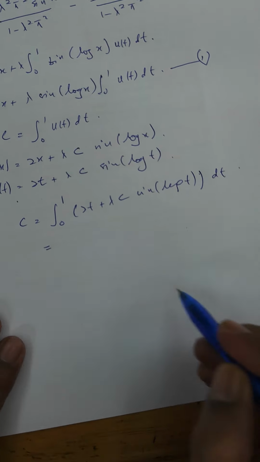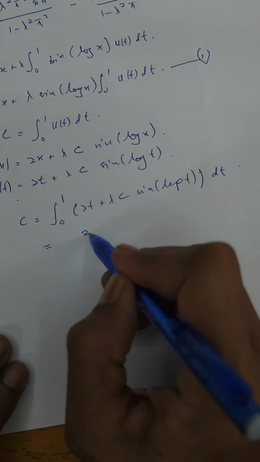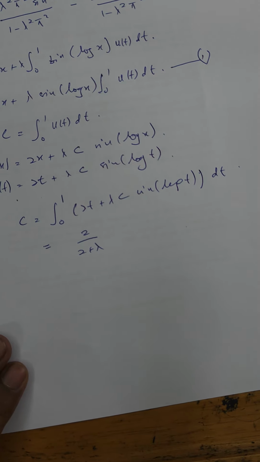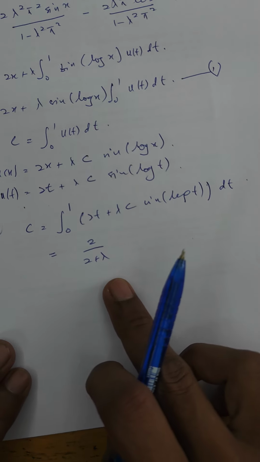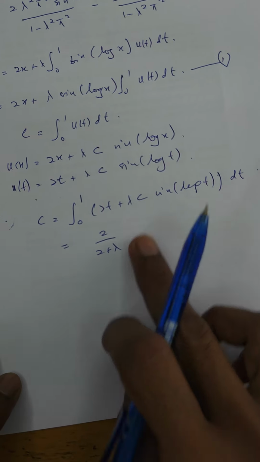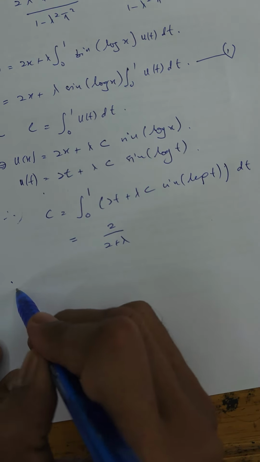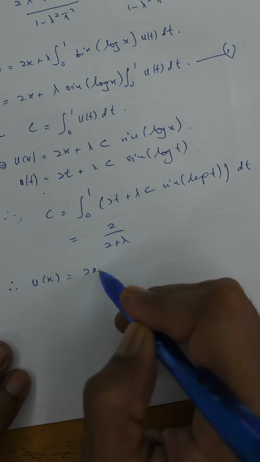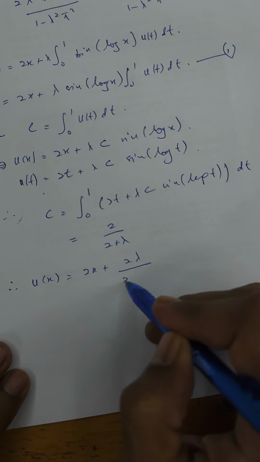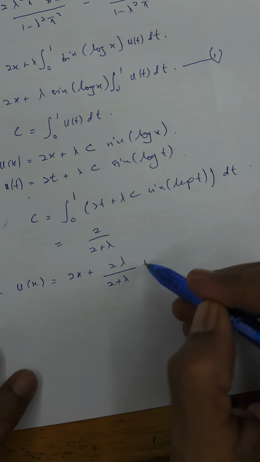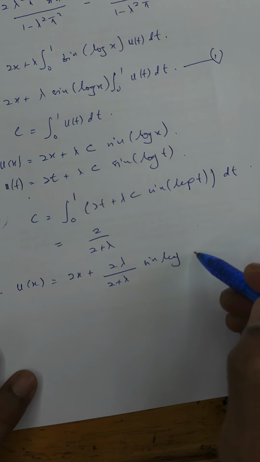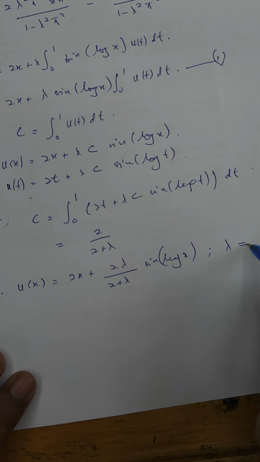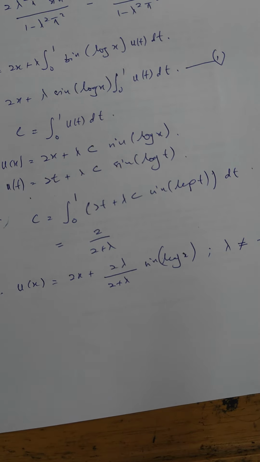Then you can evaluate this, and it gives you 2 over (2 plus lambda). Yeah, having obtained c, our u(x) is given as 2x plus 2 over (2 plus lambda) sine log x, provided that lambda is different from minus 2.